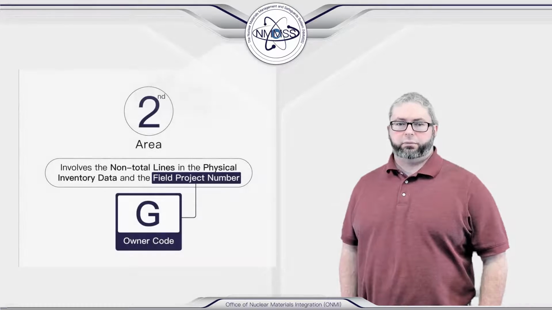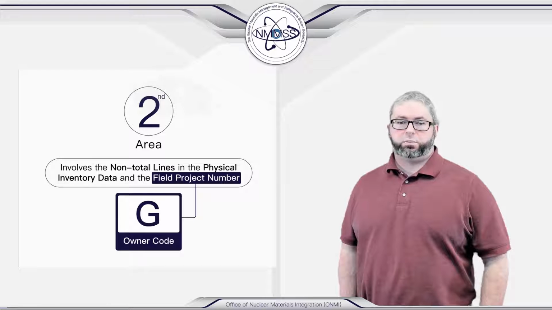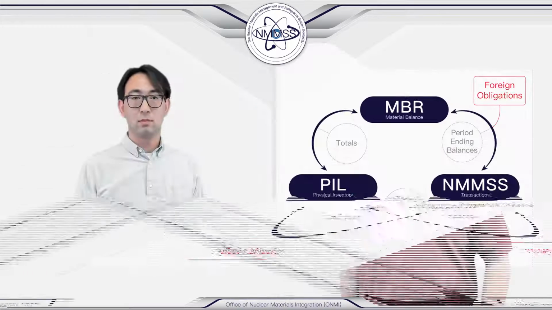But there's more when it comes to the physical inventory data. The second area involves the non-total lines in the physical inventory data and the field project number with owner code G. Each project number by material type is validated with transaction-based cumulative project number totals, yet another important component of NMMS reconciliation.